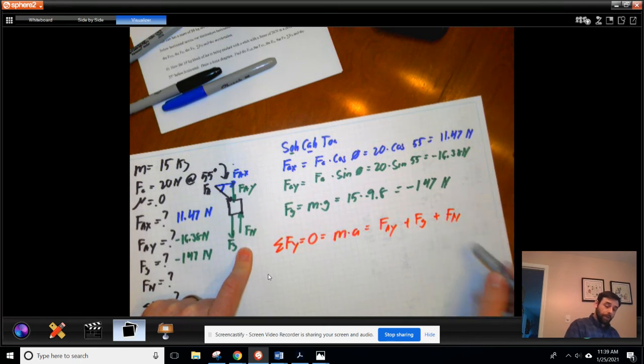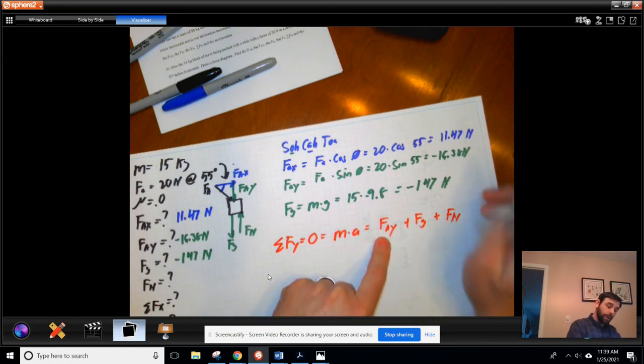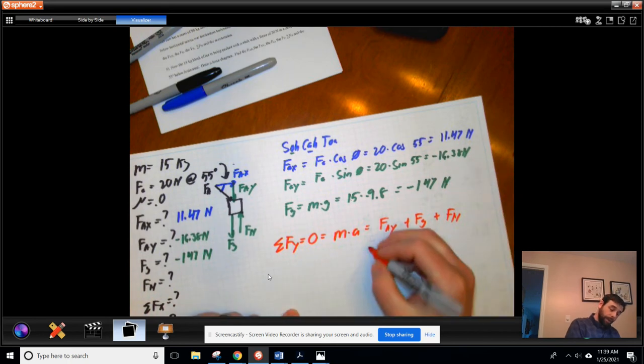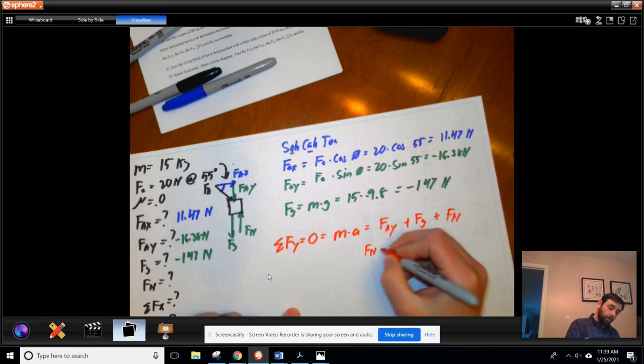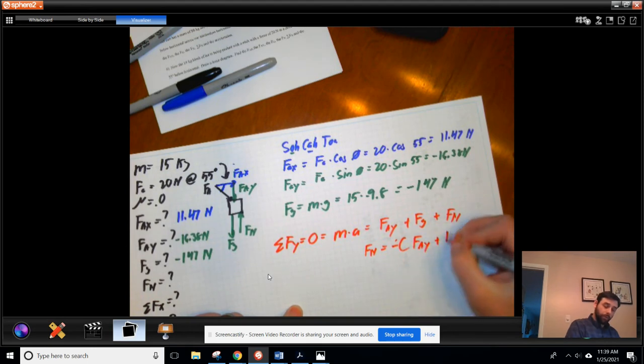And we were asked to find force normal. It's right there. We know our force applied in the y direction, and we know our force of gravity. So, as we have before, our normal force is just going to be equal to the negative of the sum of your force applied y plus your force of gravity.